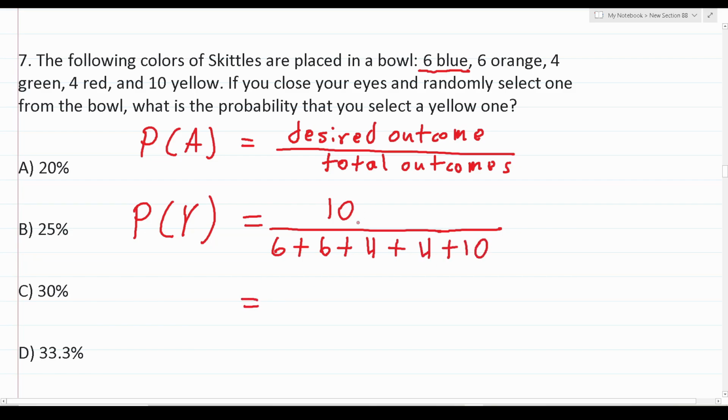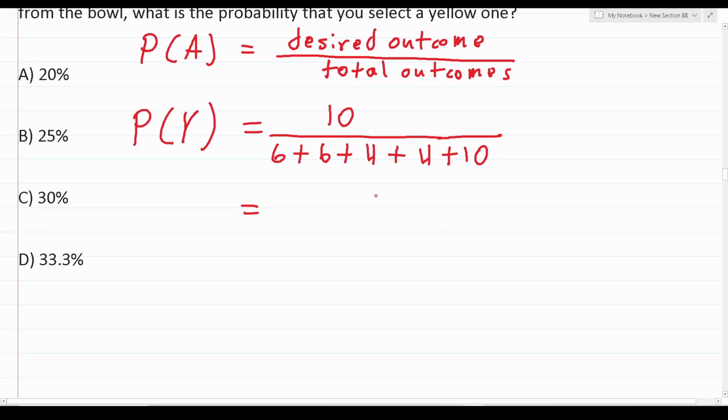So by working out this arithmetic right here, we'll know what the probability of selecting a yellow Skittle is. This is 10 over, and this math is actually pretty easy to do. 6 plus 6 is 12. 12 plus 4 is 16. 16 plus 4 is 20. 20 plus 10 is 30. So this is 10 over 30. Again, we can cross out these corresponding zeros, so this becomes 1/3.